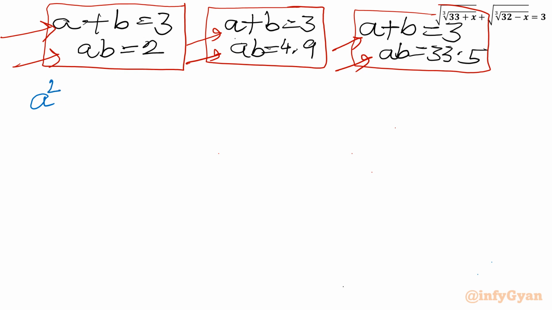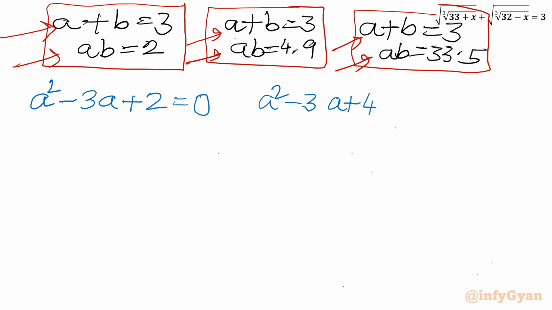A square minus sum of roots, so 3A, plus product of roots, which is 2, equal to 0. Similarly, A square minus 3A plus 4.9 equal to 0. And third equation, A square minus 3A plus 33.5 equal to 0. So 3 quadratics we have got.